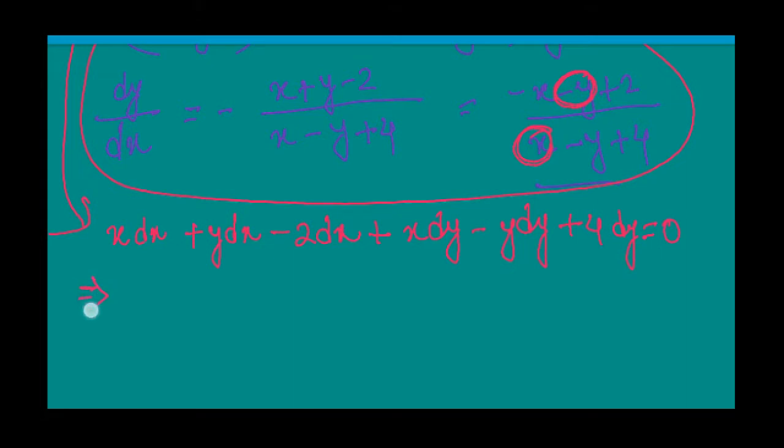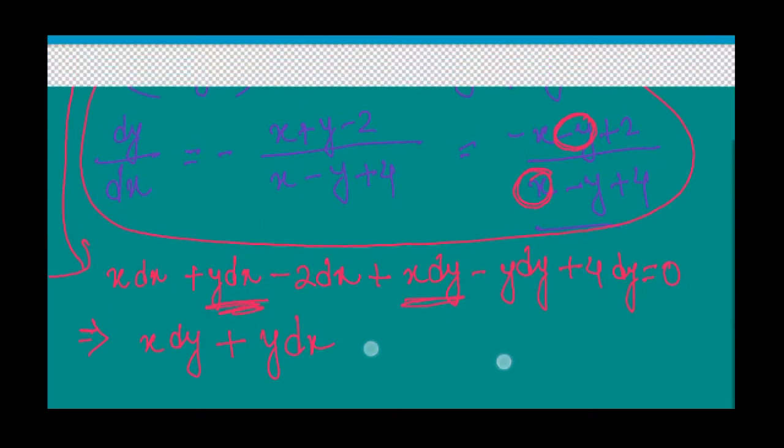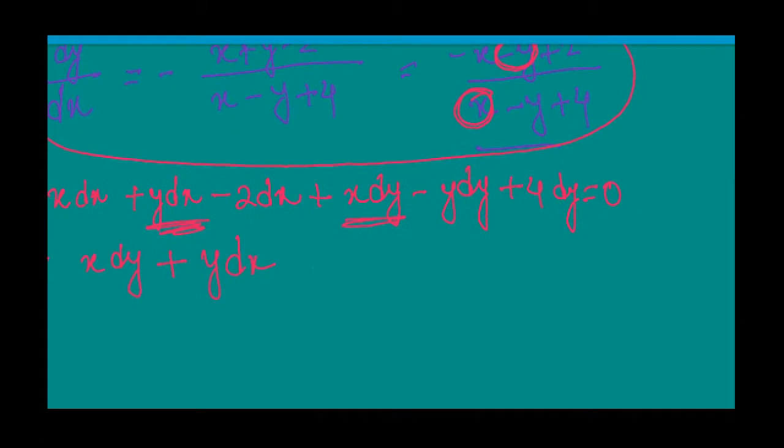And this will be x dy + y dx on one side, and on the right-hand side I have taken all the other terms: 2 dx + y dy - x dx - 4 dy.